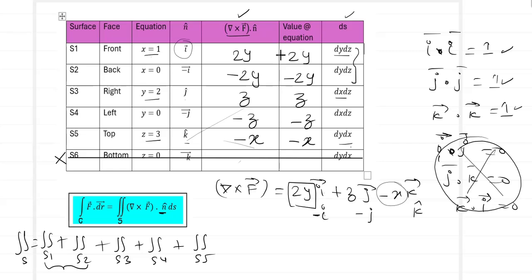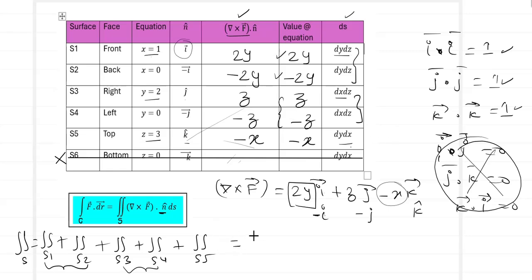Because the values over here will become easy to evaluate when I am clubbing these two surfaces. This is going to be the x face, right? So I can club this dy and dz together. What can be clubbed next? S3 and S4. When I club S3 and S4, your dx dz can be clubbed, so my z and minus z can be clubbed. The last one left out will be S5 alone.